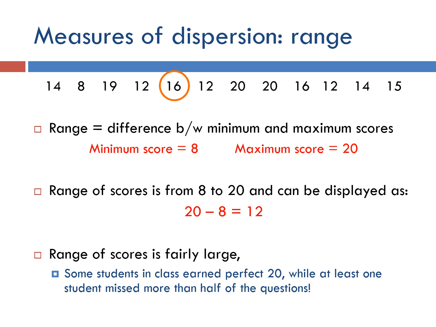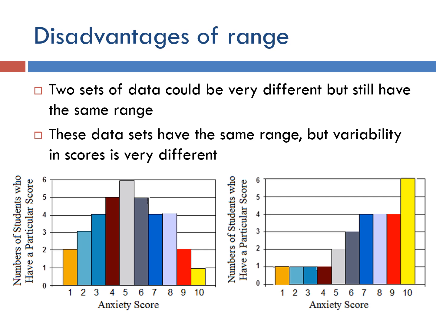Also, depending on how the scores are dispersed, your range could look the same. Here we see some disadvantages in the data set. This is anxiety score. These 2 data sets have the same range, but clearly very different amounts of variability. In the first one, the anxiety scores are on a normal curve.